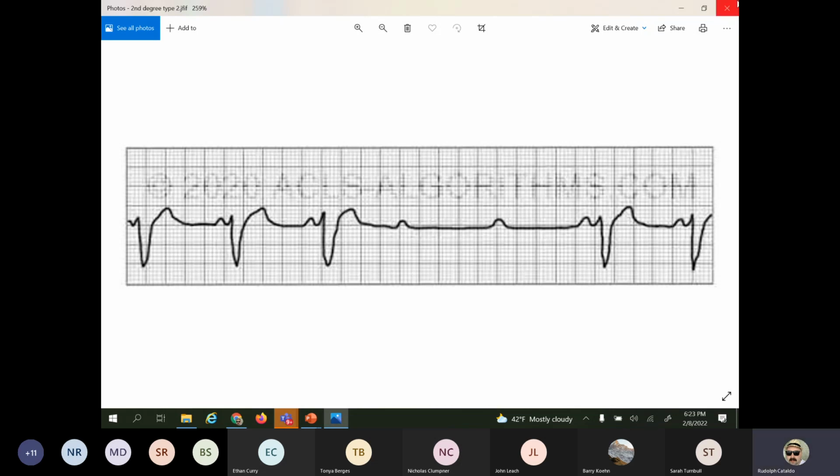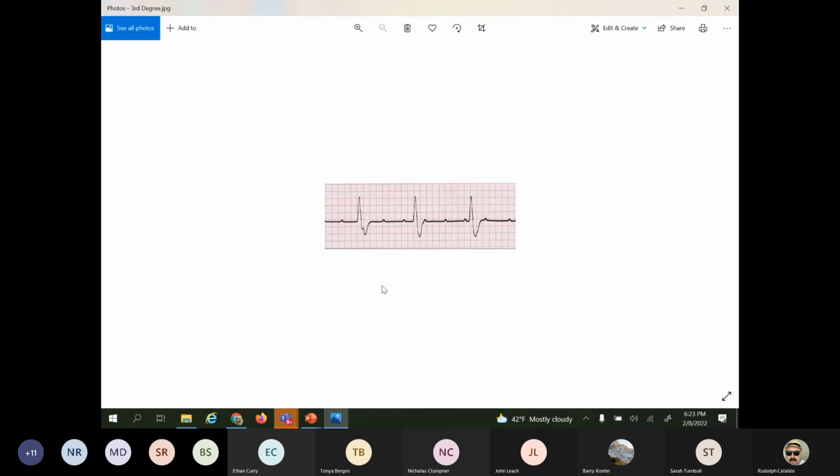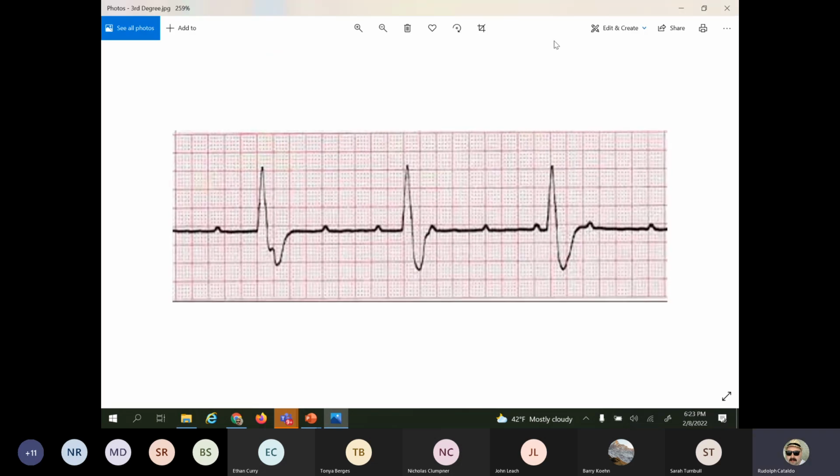As compared to this block, it looks very similar. Like if I took that middle complex out, I would have a second degree type 2. But since I don't have that, since I have uniformity, do I have a regular rhythm or is it irregular?